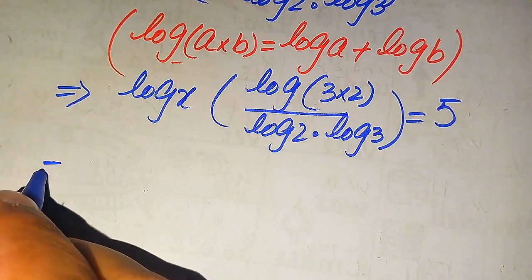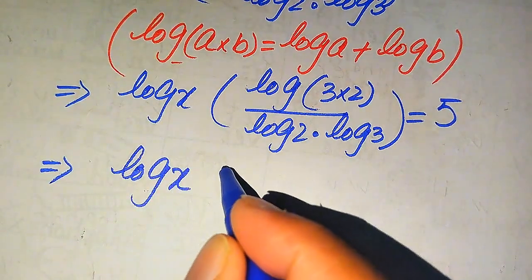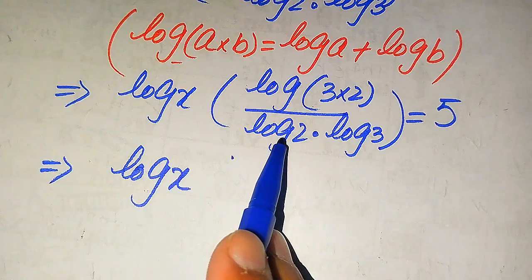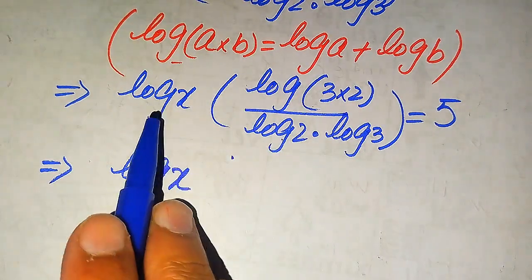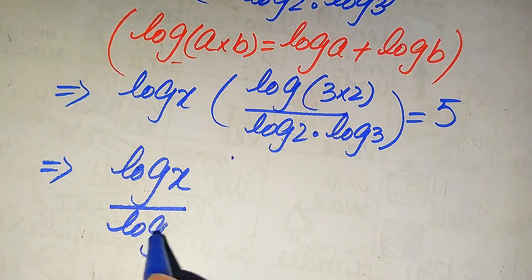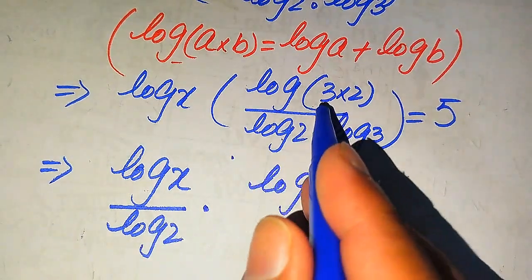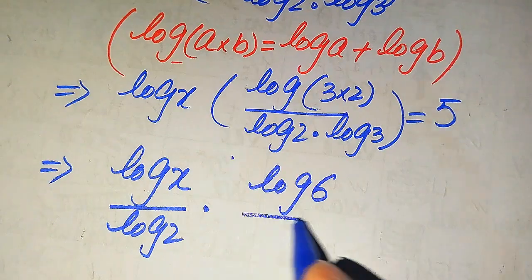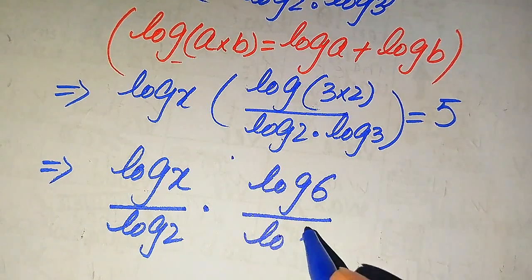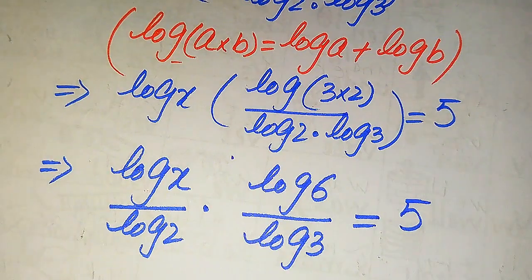So in the next step we need more simplification, and it will be written as log of x divided by log of 2 multiplied by log of 3 times 2, which becomes log of 6, over log of 3, is equal to 5.